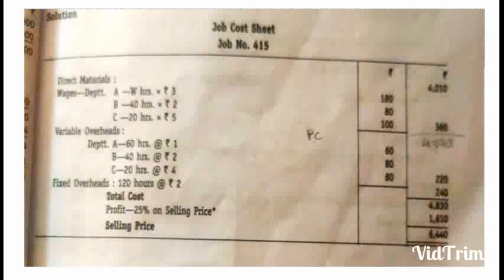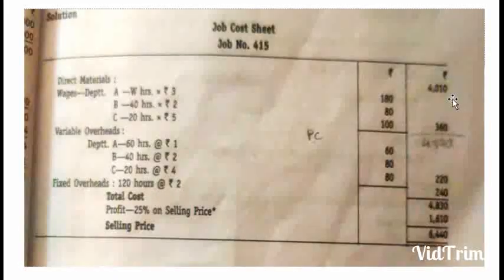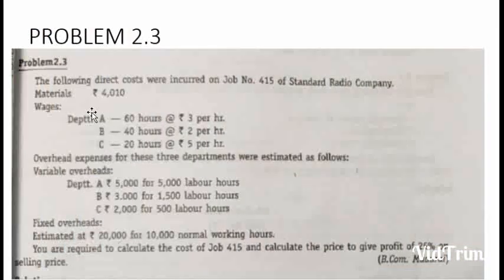How much are your direct materials in the problem? 4,010, and here it is also 4,010. How much are your wages in the question? For A it is 60 hours at rupees 3 per hour. The laborers have worked 60 hours.